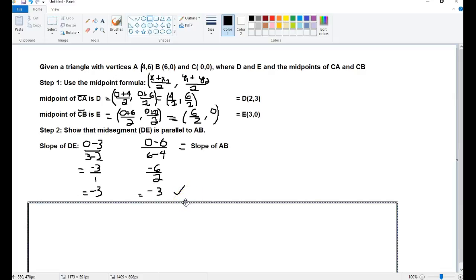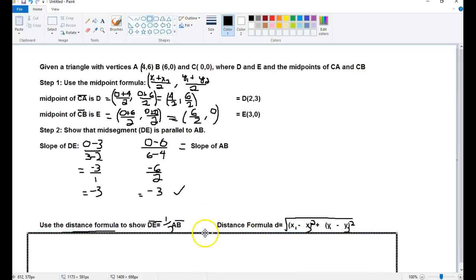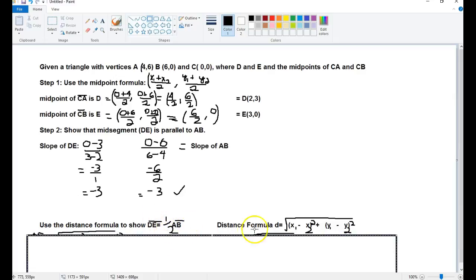Now the next part is that DE is going to be 1/2 of AB. For this one, we're going to have to use this good old distance formula. Remember what the distance formula is: the square root of (x1 minus x2) squared plus (y1 minus y2) squared.